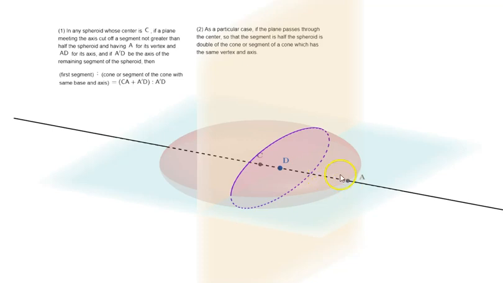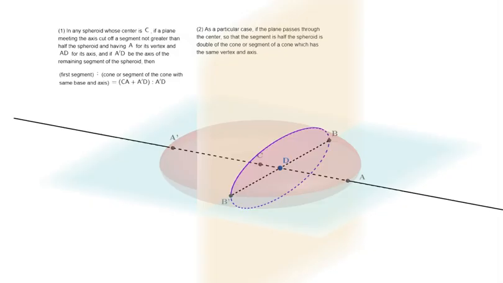Let A be the vertex of this segment and A prime be the vertex of this segment. So AD is the axis of this segment, A prime D is the axis of this segment. We have a line of intersection between these two planes, and that line of intersection intersects the circle of intersection. Let us say this is B and this is B prime.